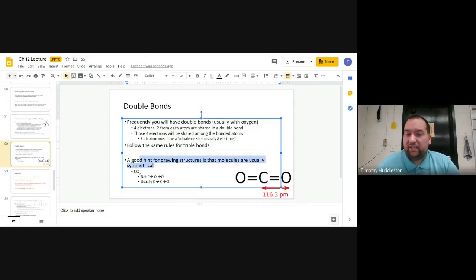Molecules are generally symmetrical. That's a great hint for drawing structures. So you see how this is not a symmetrical structure? In other words, it's not an anagram. It doesn't go the same backwards as forwards. It's usually OCO and not COO. Now, when I say symmetrical, that doesn't have bearing to the polarity.